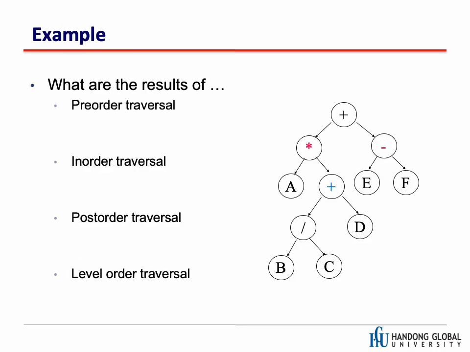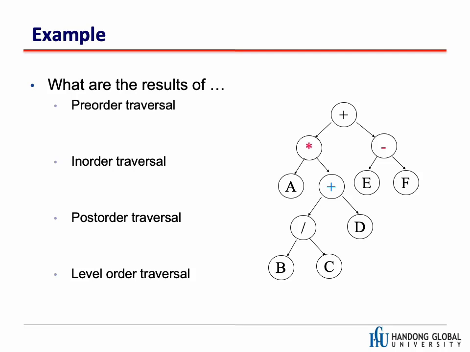Now we have 4 orders for traversal, and we have one example tree here. What are the results of these 4 traversals? You can pause and try by yourself.